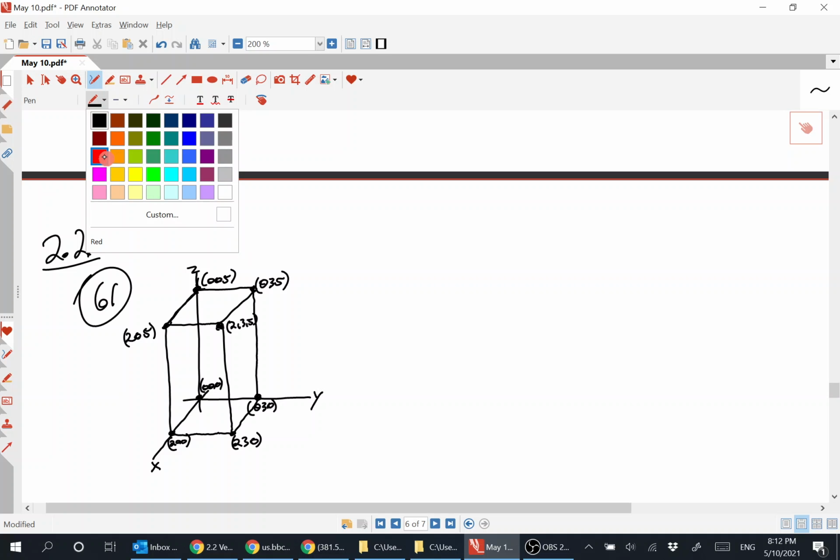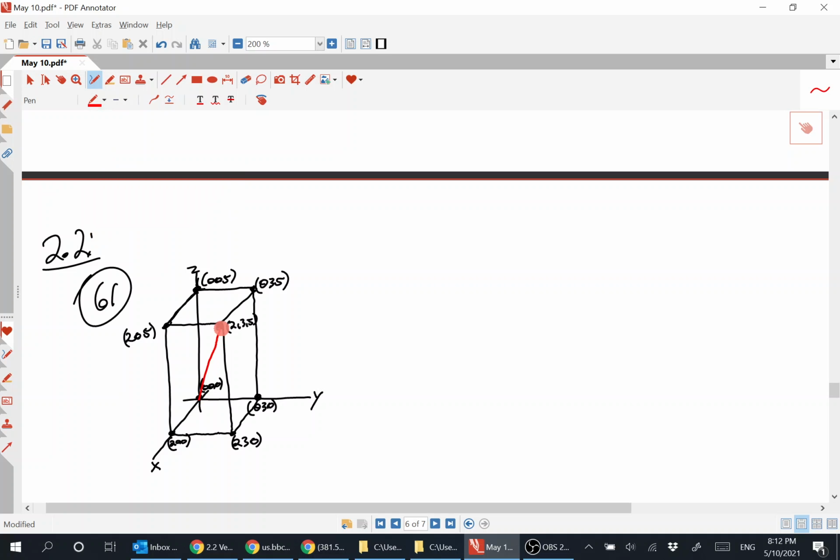And then the diagonal of that box is right here. The diagonal of that box is the vector v in standard position with tail at the origin and head at the point (2, 3, 5). That's vector <2, 3, 5>. And the length of v is, just like it is in 2 dimensions, the square root of 2 squared plus 3 squared plus 5 squared.